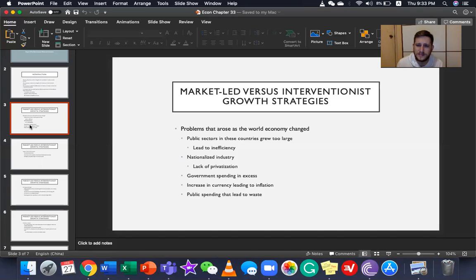If that becomes the case, there's a lack of competition within the market, and that can lead to a point where businesses are able to control or set prices. And that might not be in the best interest of the consumers.